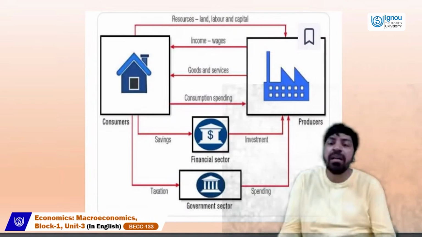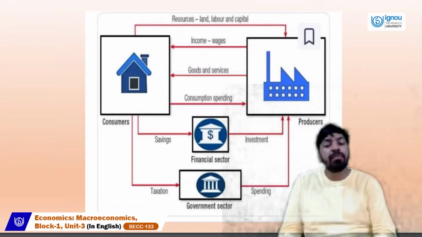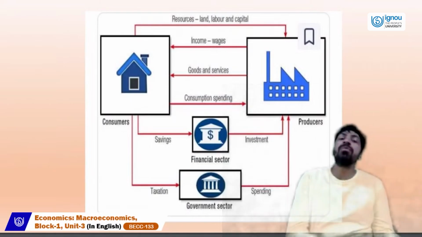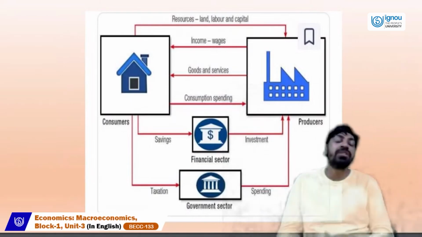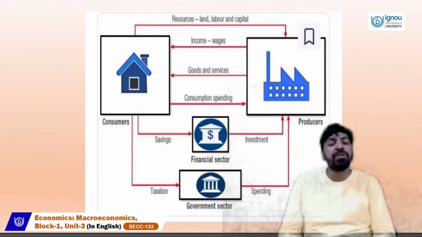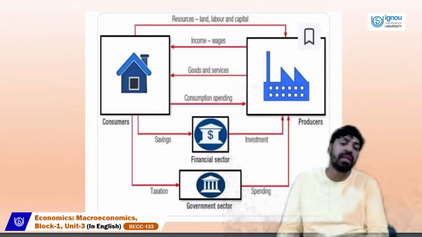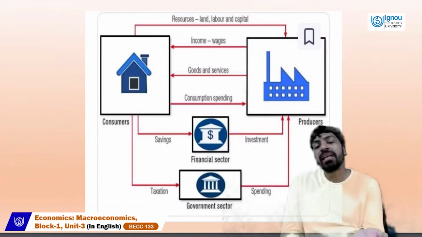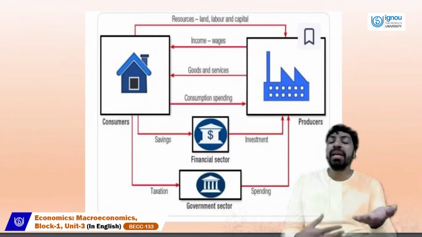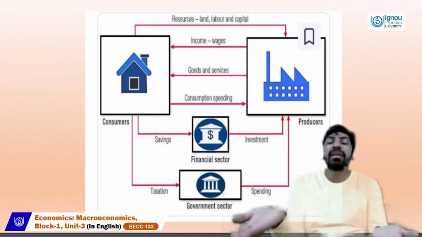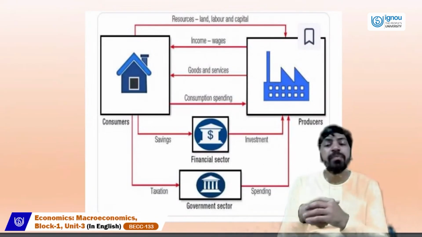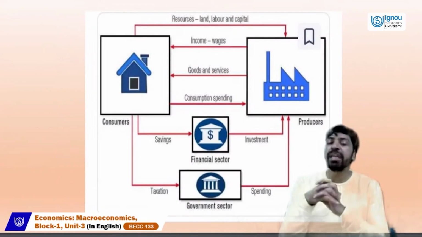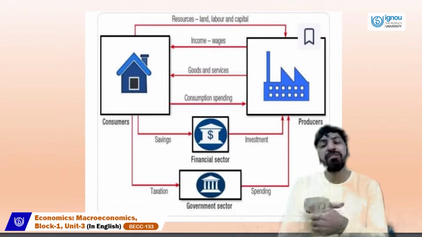It could be a bank or any financial company, who always expect households to save money in their institution so that it could be used for further investment. Once they save money, the financial institution plays a role in investing into organizations and firms in exchange of funds, in exchange of income.